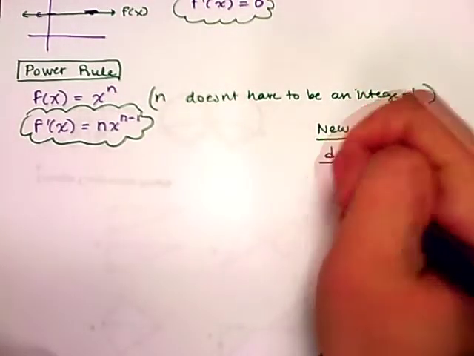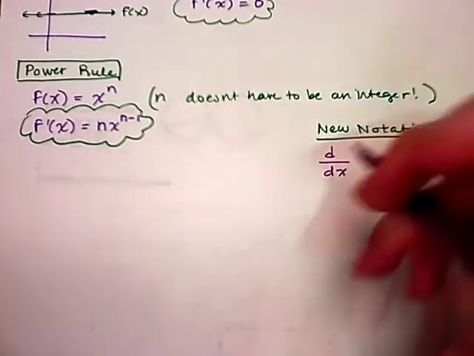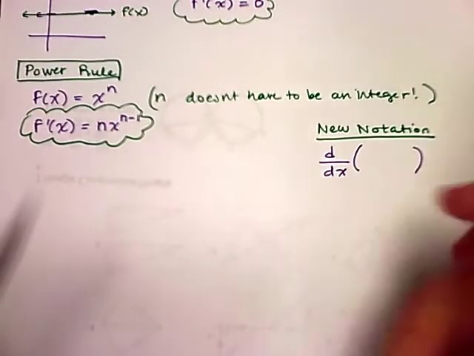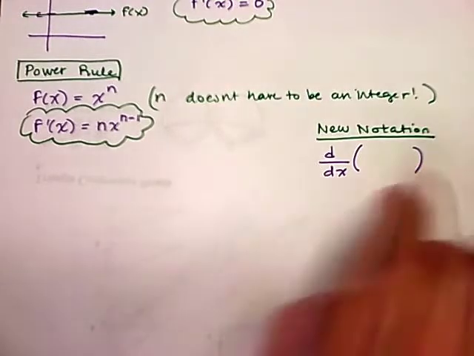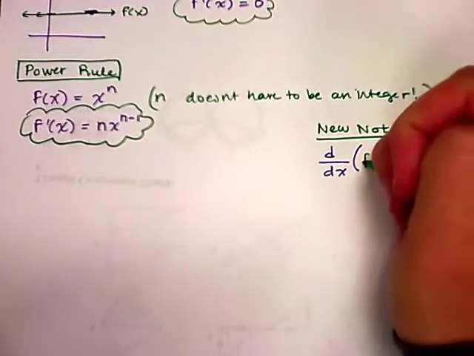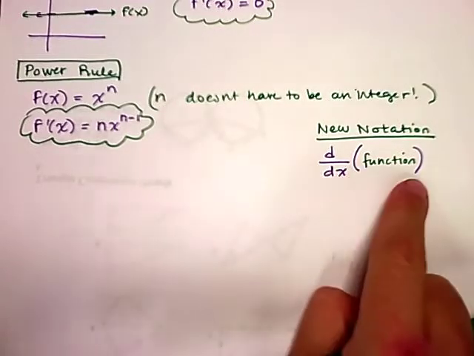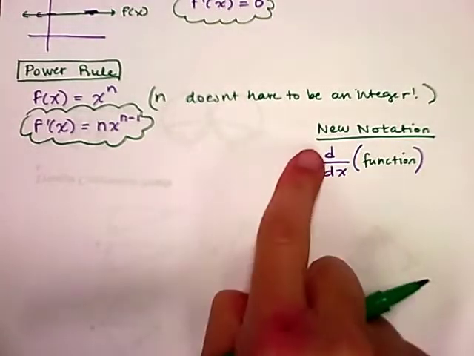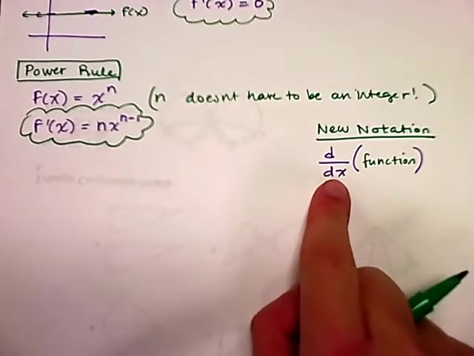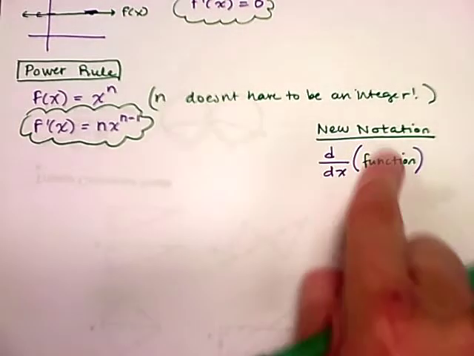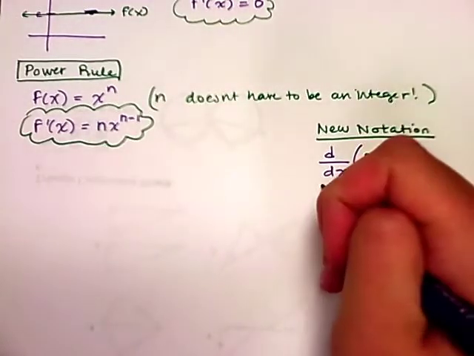It's d over dx, and then after that we'd have parentheses, and what comes next could be some sort of expression or function that we want to take the derivative of. So we'd say d dx of a function means the derivative with respect to x. Don't worry too much about the with respect to x, but just take this to mean take the derivative of what's in parentheses.